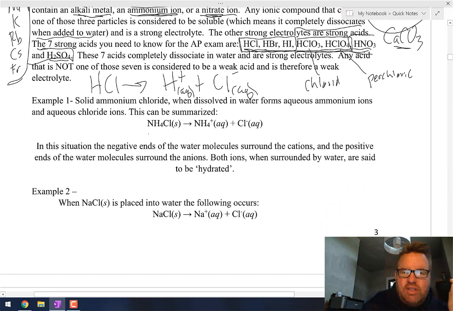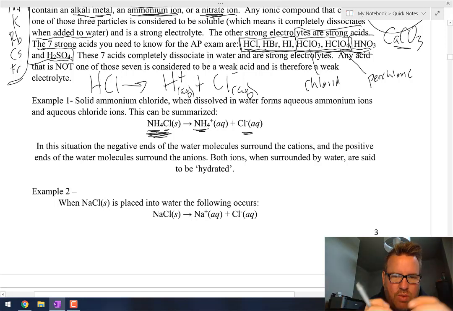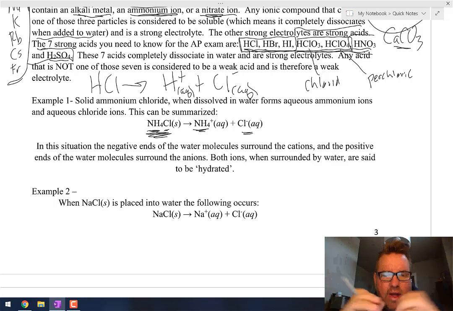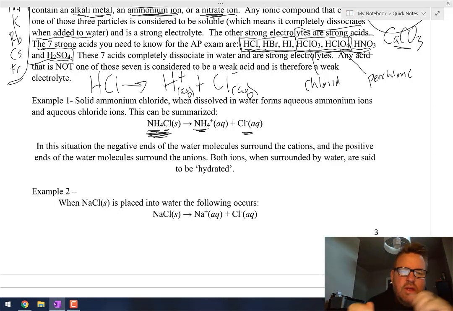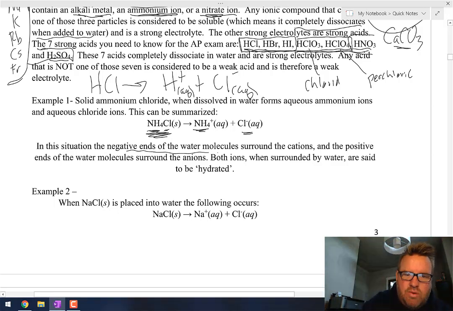So here's an example of ammonium chloride. You've got your ammonium, the positive ion, and the negative ion. So you get NH4 plus, and you get Cl minus. Anytime you put that in water, that's what that ionic compound will break into. And remember the negative ends of the water molecules, which is the oxygen. So if you're going to draw that, you put the oxygen toward the cation and the H's outside.